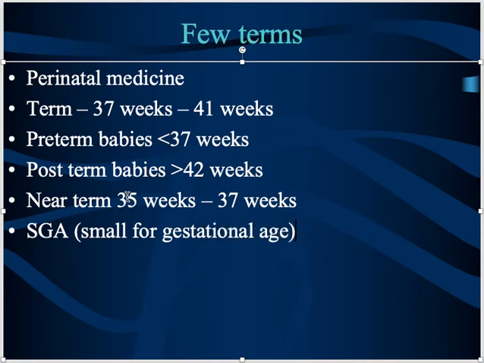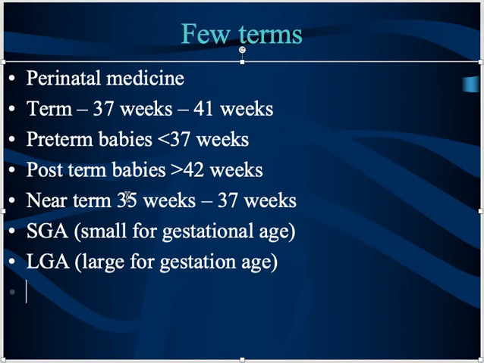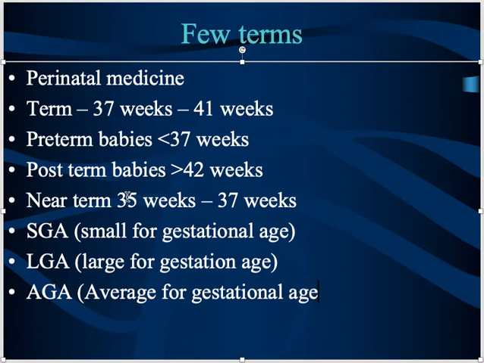And when there is small for gestational age, there is LGA as well, which is large for gestational age. And at the same time there is AGA as well, which is average for gestational age. These terms are very important to understand.